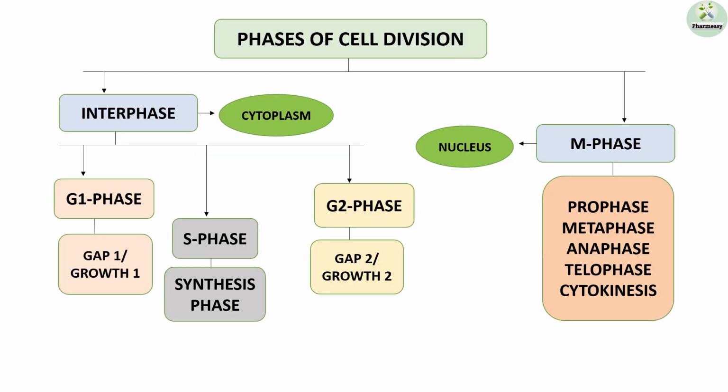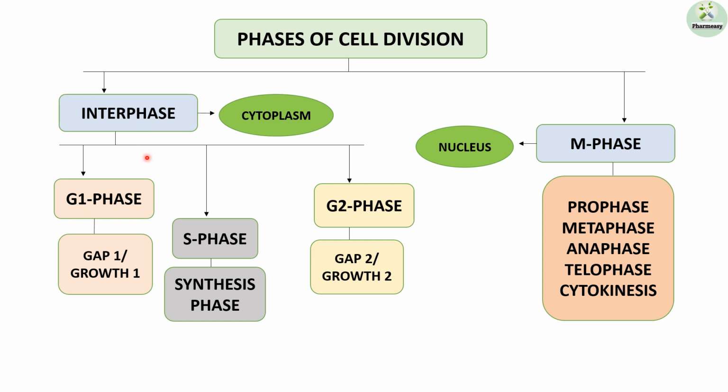So, phases of cell division in mitosis are interphase and M phase. Now, we will start with the phases of cell division in mitosis. There are two phases, interphase and mitotic phase.